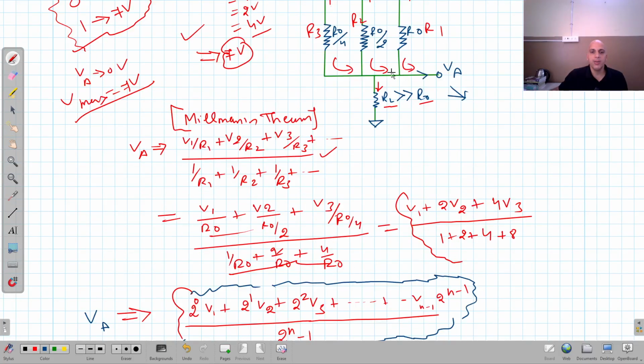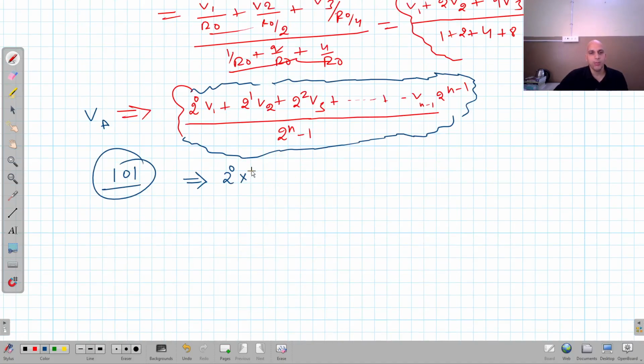You can see here B1, let it be 7 volt. So 1 means 7 volt, plus 2 raised to power 1 into B2, which is 0 volt, plus 2 raised to power 2 into 7 volt, divided by 2 raised to power n minus 1, which is 7.